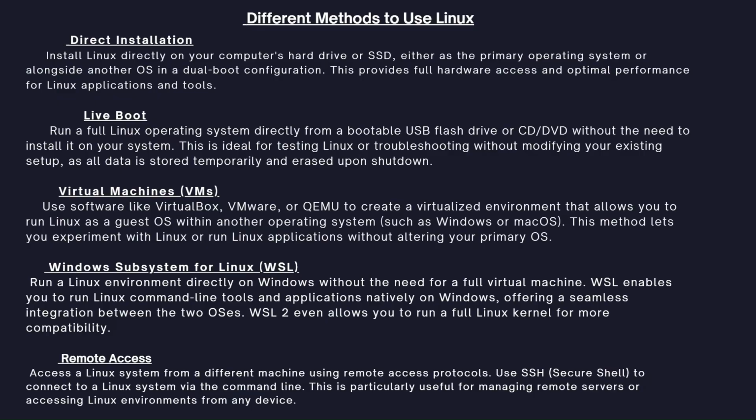So use software like VirtualBox, VMware, QEMU to create a virtualized environment that allows you to run Linux as a guest operating system within another operating system, such as Windows. Actually, in my laptop, there is an operating system named Ubuntu already installed.